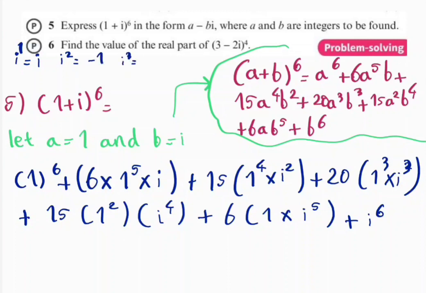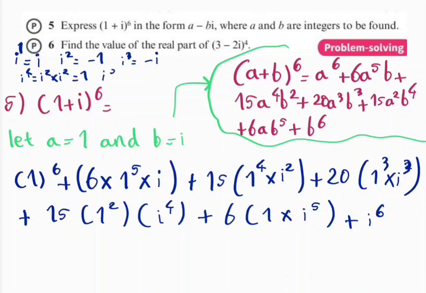So i cubed is i squared times i, which is minus 1 times i, giving us minus i. i to the 4 is i squared times i squared, which is minus 1 times minus 1, and that is 1. Interestingly, from i to the power of 5, this 4-cycle is going to repeat again.